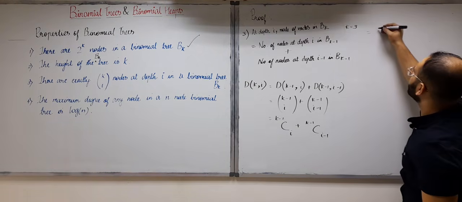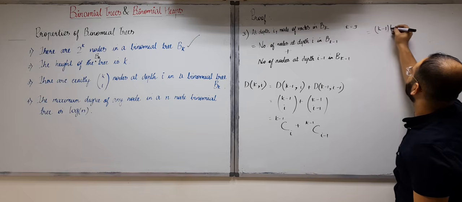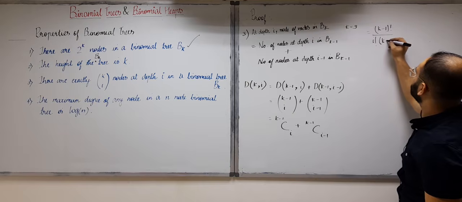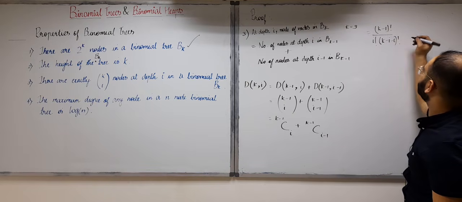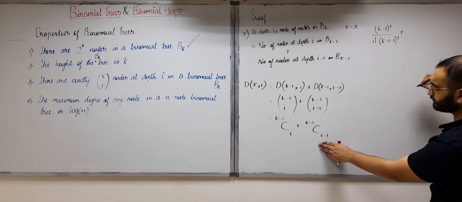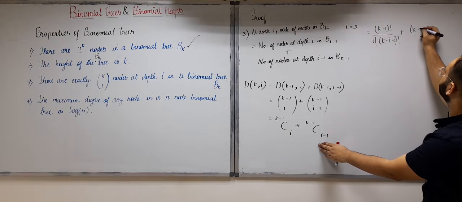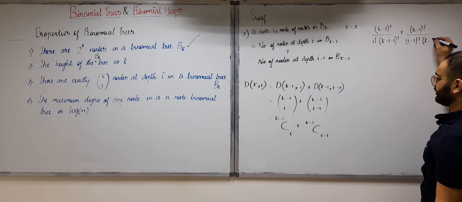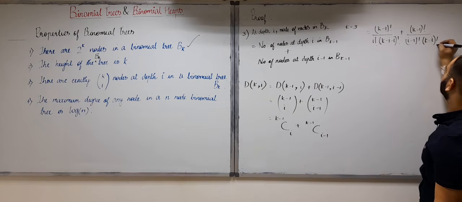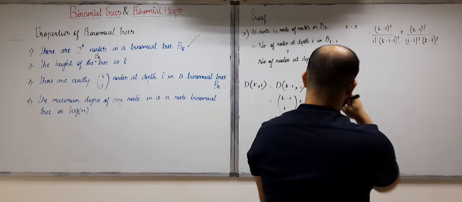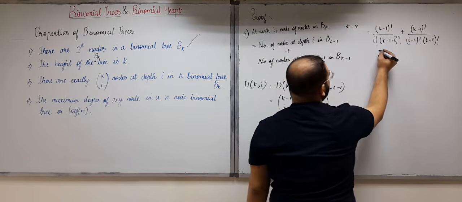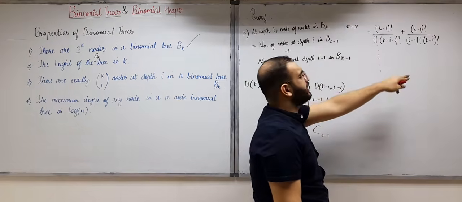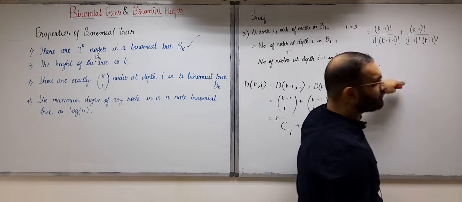So this will be (k-1) factorial over i factorial times (k-1-i) factorial, plus this term, (k-1) factorial over (i-1) factorial times (k-i) factorial. Now if you simplify this, you have to write this i factorial as i into (i-1) factorial, and in the same way you have to solve this.